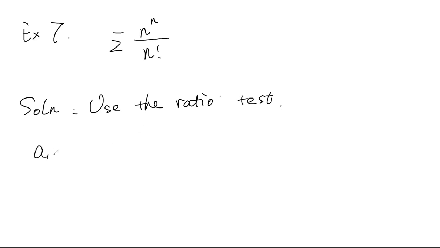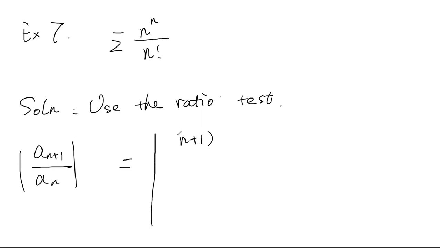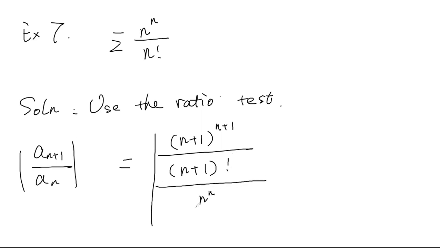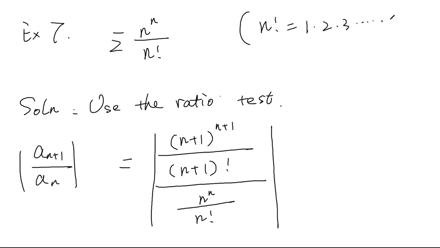We have a_{n+1} divided by a_n, take the absolute value, this is equal to (n plus 1) to the n plus 1 and (n plus 1) factorial divided by n to the n over n factorial. And the factorial, n factorial, in case you have forgotten it, is equal to the product of 1, 2, 3, all the way to n.